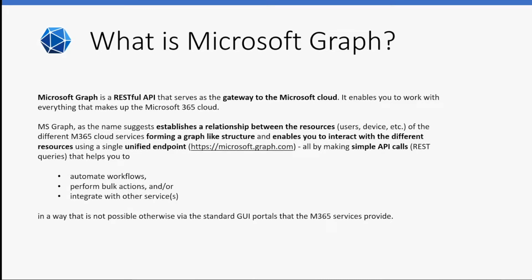It can be an Exchange Online component like a mailbox, a contact, a calendar. It can be a Microsoft Teams object like a Teams channel and things like that. And you have access to everything that makes up the Microsoft 365 cloud using simple API calls. This is a REST based protocol.